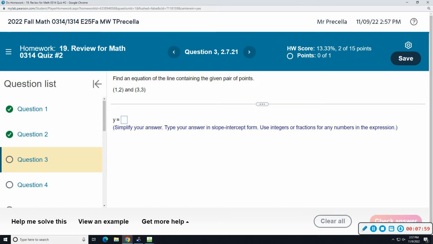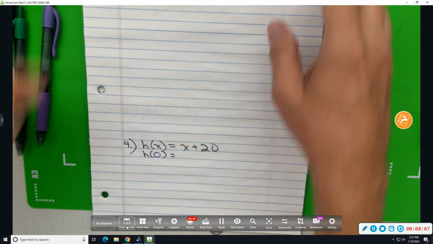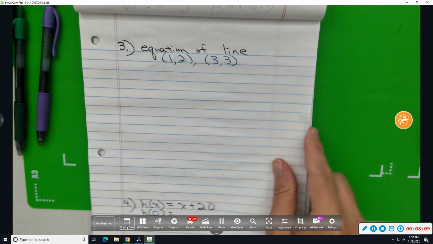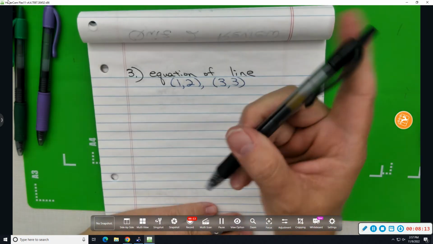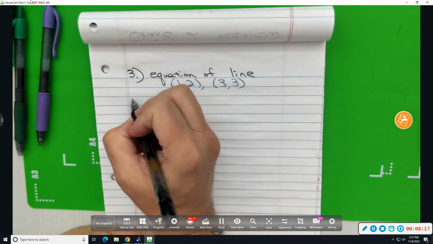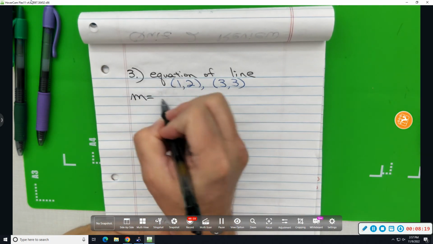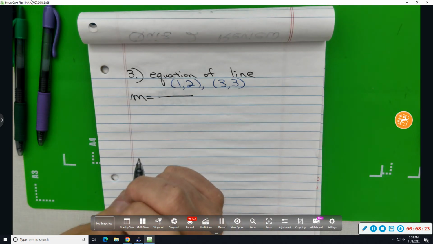This is number 3. The line's passing through the points negative 1, 2, and 3, 3. Here it is. We know the formula for the slope of a line. Does anyone remember it? It's a fraction.